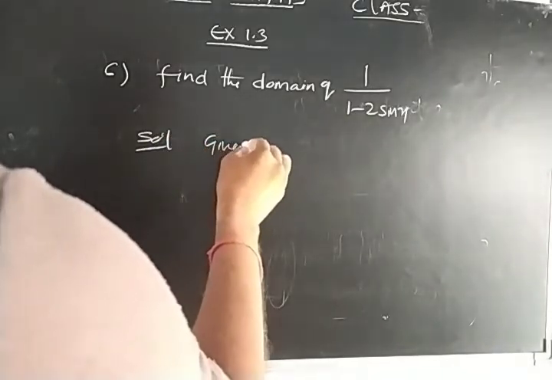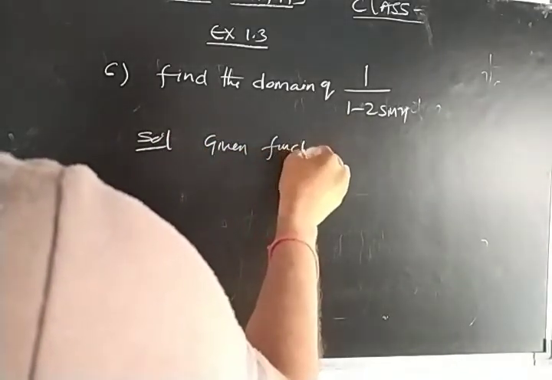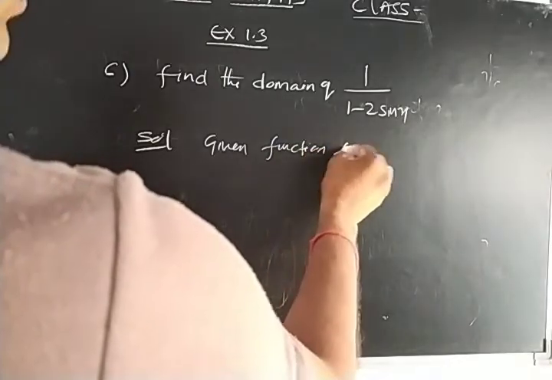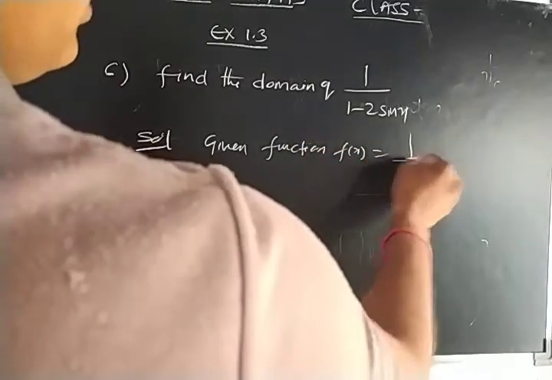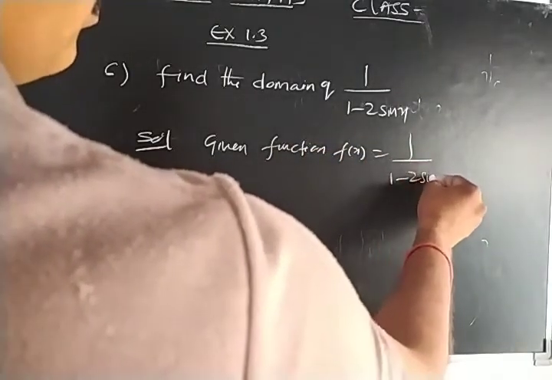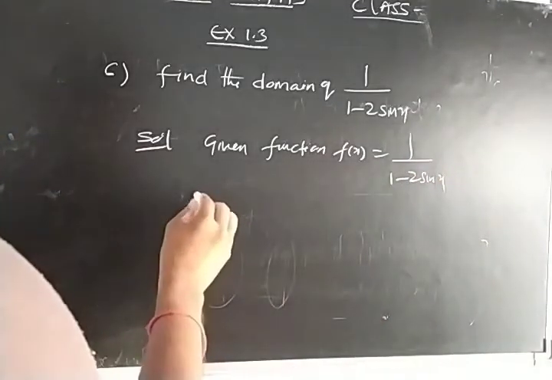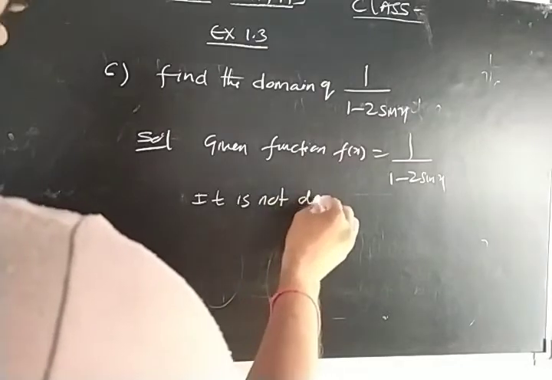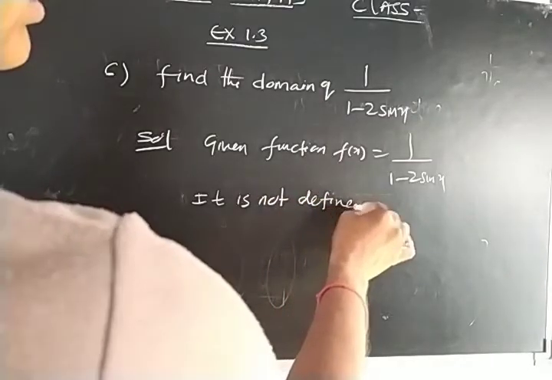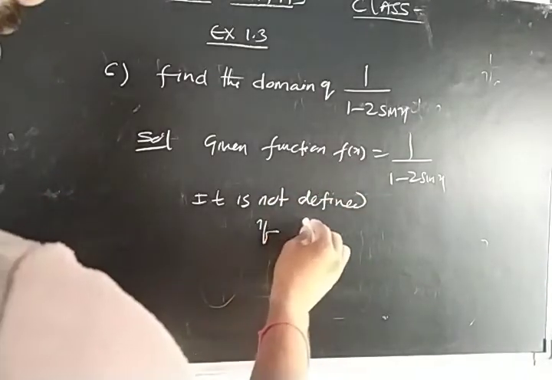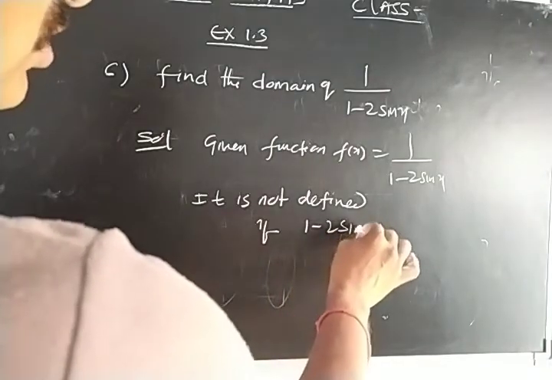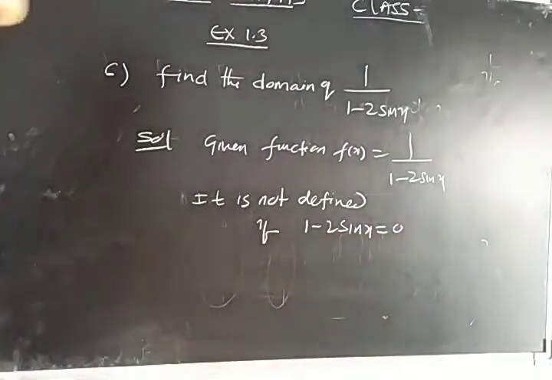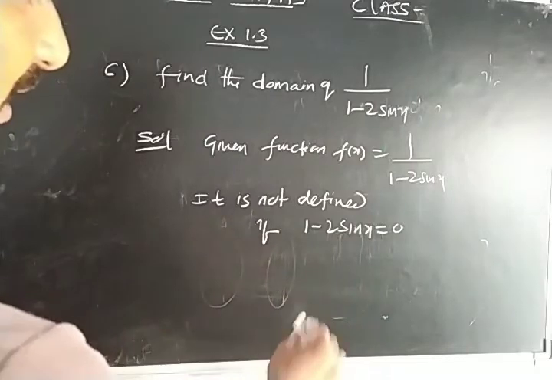So solution, see how I am solving. Given function f of x is equal to 1 by 1 minus 2 sin x. It is not defined if 1 minus 2 sin x is equal to 0. If it is 0, it is not defined. Okay, I am sending 1 to the right hand side.